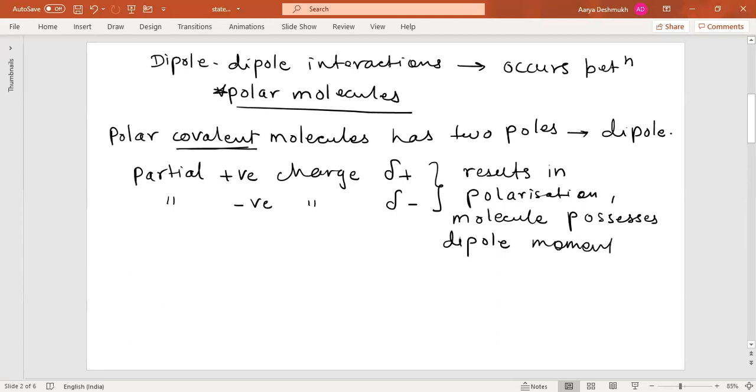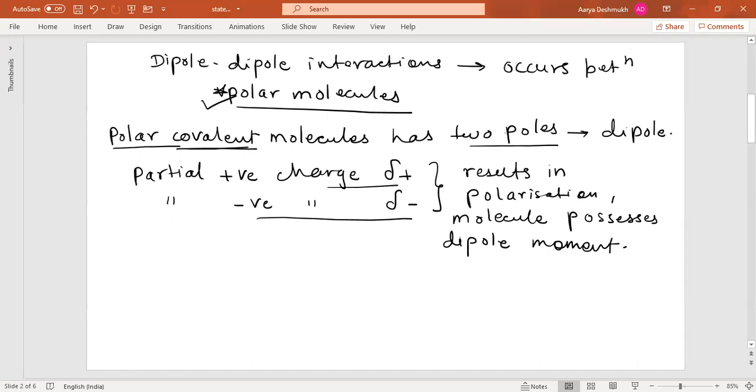Okay, so before going to this dipole moment and polarization, let us see what are the polar molecules. When you say a polar molecule, it means it should form a dipole, or two poles should be there. This positive charge and the negative charge should be formed within the molecule.